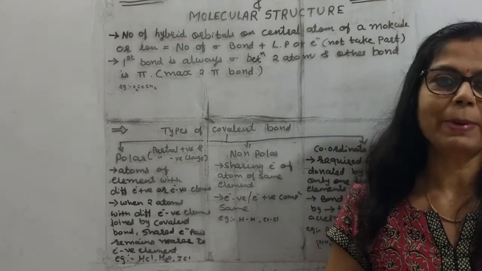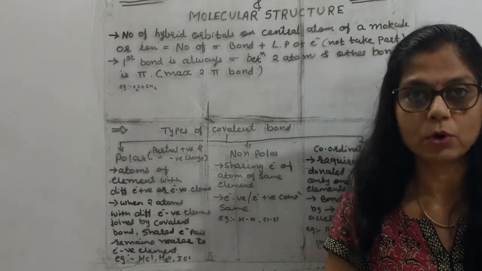What is the meaning of lone pair of electrons, and what is a sigma bond?